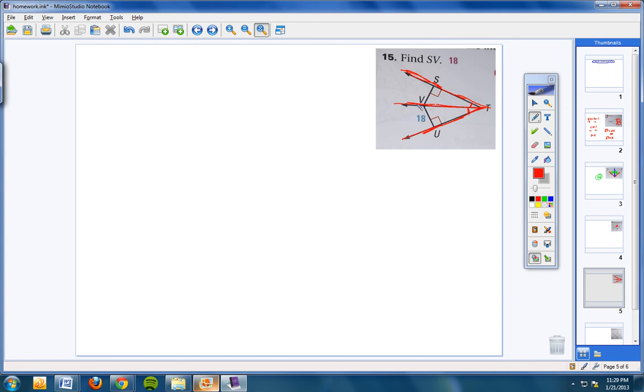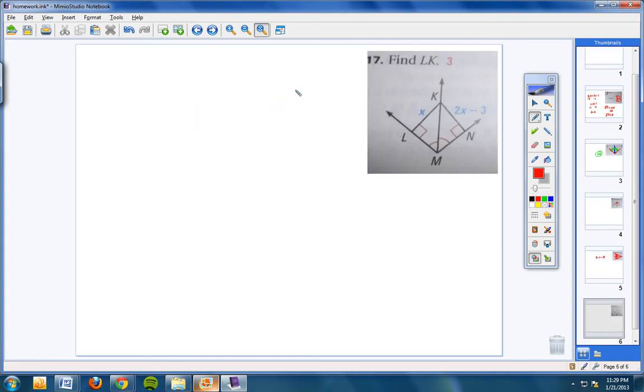And anytime you have a point that lies on the angle bisector, this length right here is going to be congruent to this length here. So if VU equals 18, then SV also has to equal 18. So SV equals 18. Pretty simple stuff.